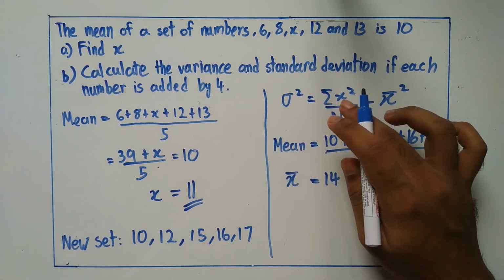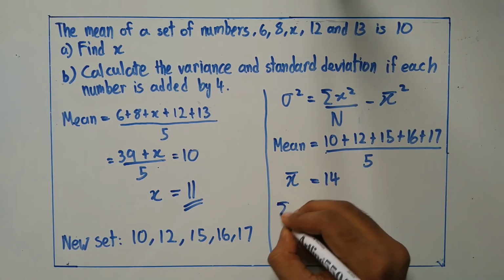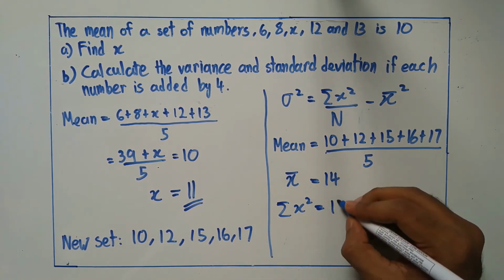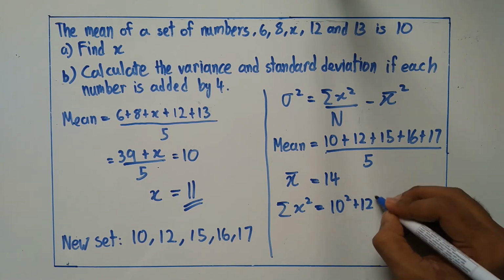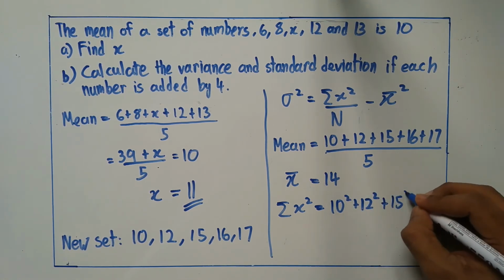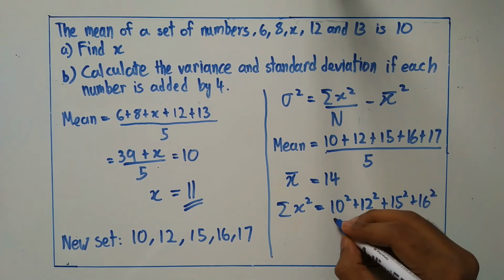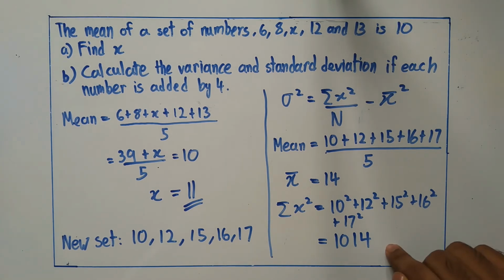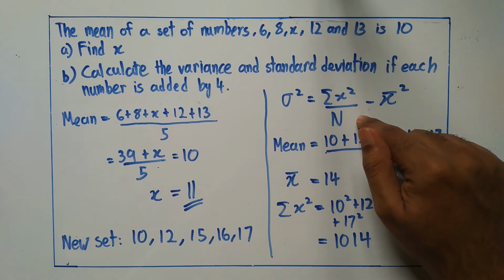To calculate the sum of the squares, we square each term and add them together. You should get 1014. Then we substitute these two values into the variance equation.